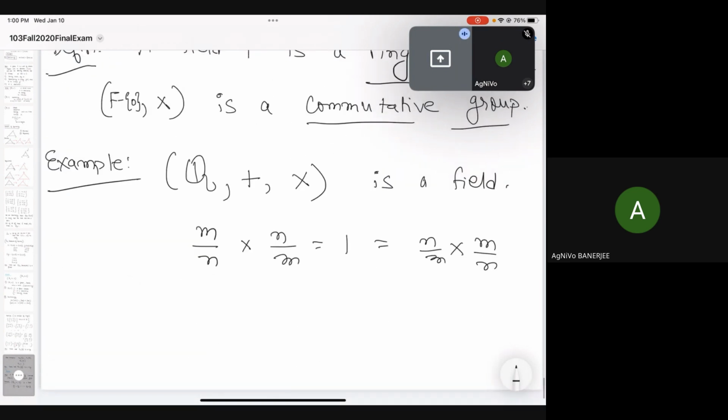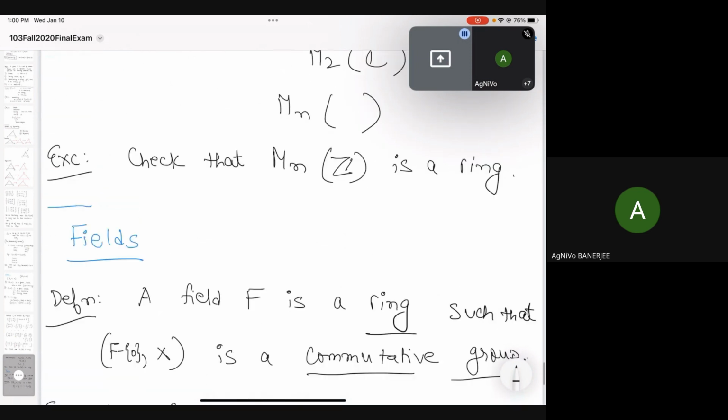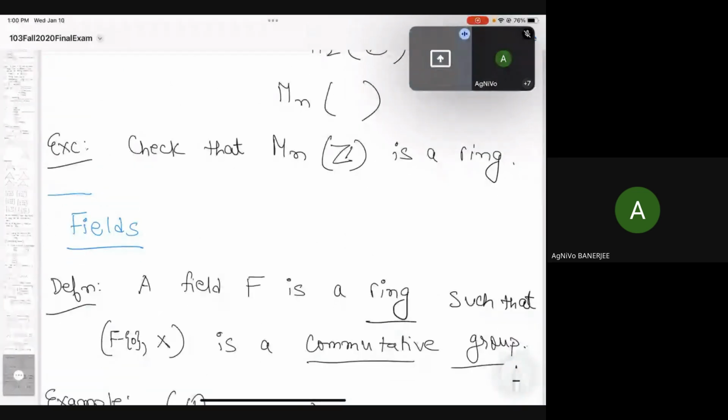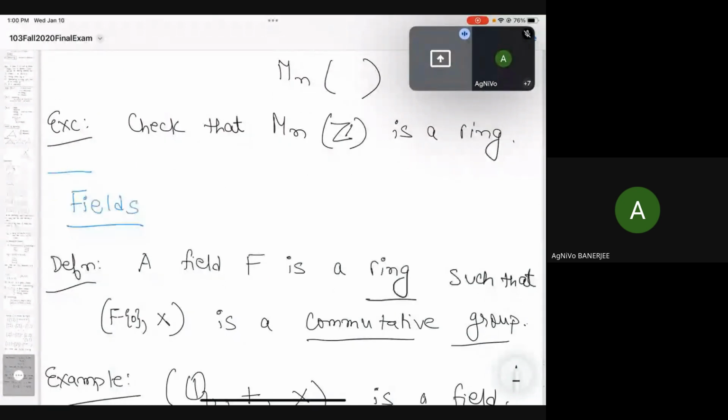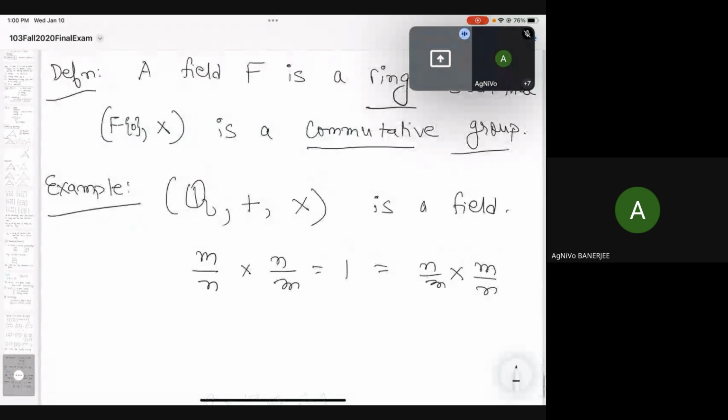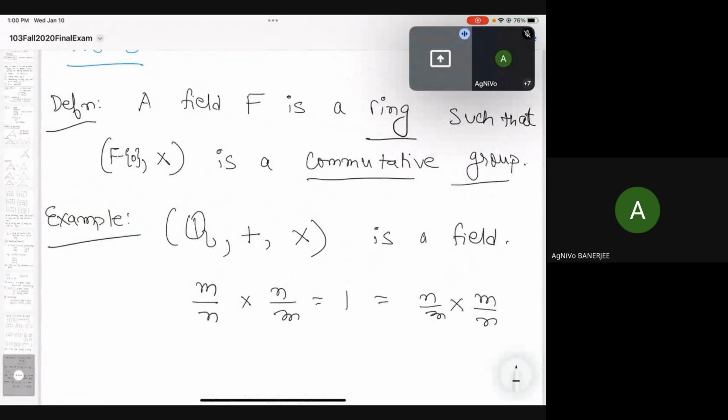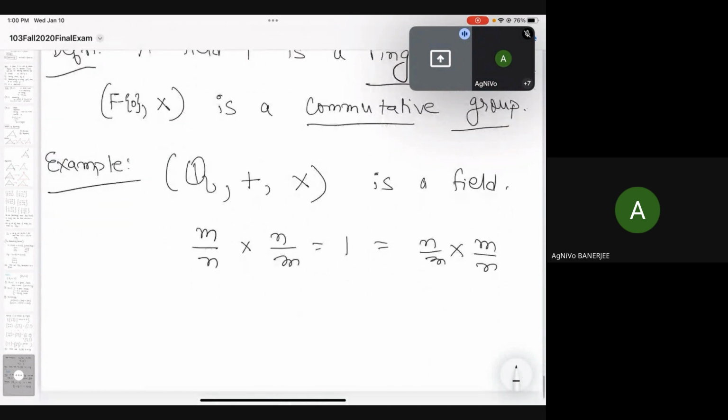Yeah. So basically, just to repeat, if you missed my voice, sorry. I just introduced fields, right? So a field is a ring such that if we take all the non-zero elements, with respect to multiplication, it's a commutative group, and I was just showing some examples. Okay. So from next class, we will actually talk about finite fields, because this is very important, when we go back to discussing elliptic curves after next lecture.